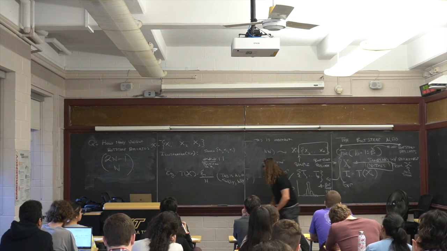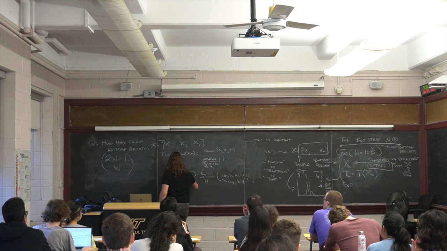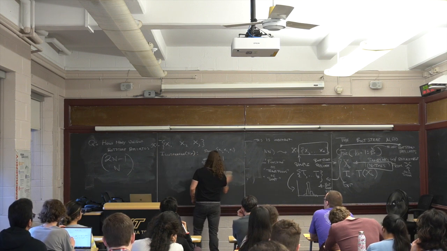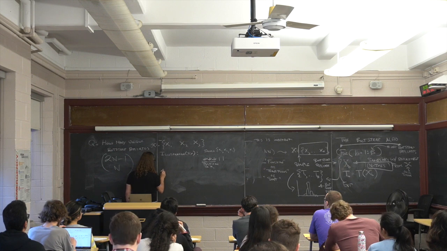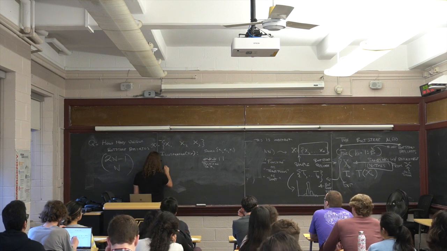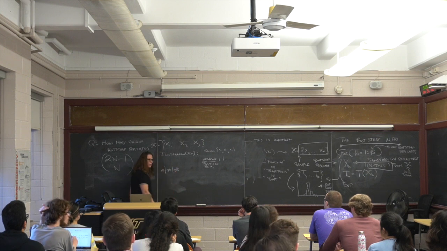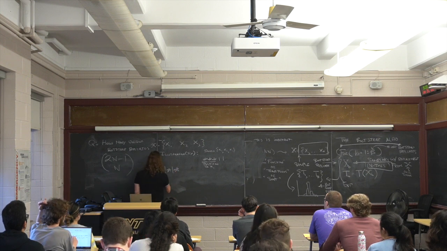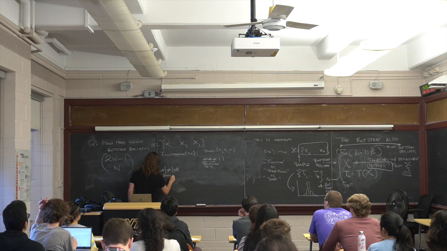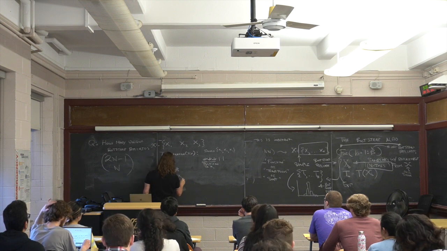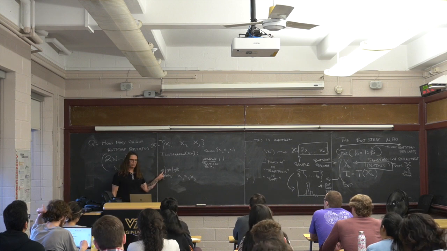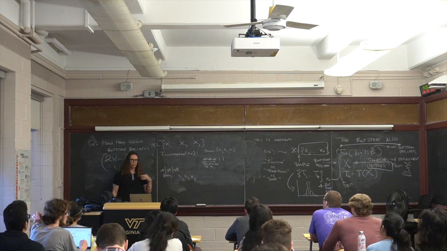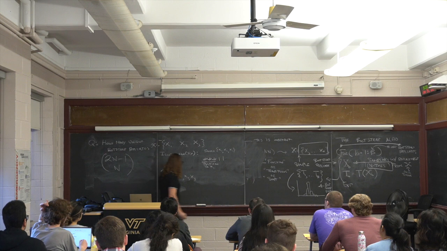So let me just come up with another example. Here's an example: star, bar, star, bar, star. This is going to represent x1, x2, and x3. There's 1 point in x1, there's 1 point in x2, there's 1 point in x3. Let me do just another one.